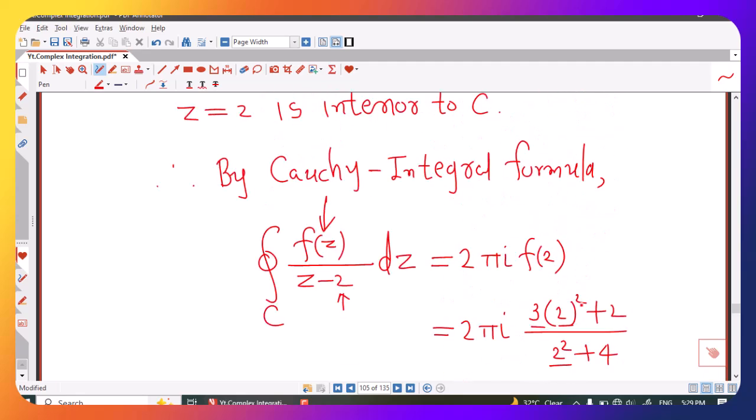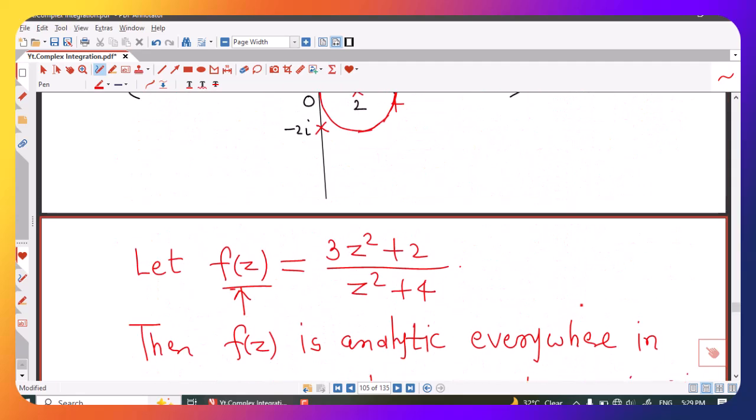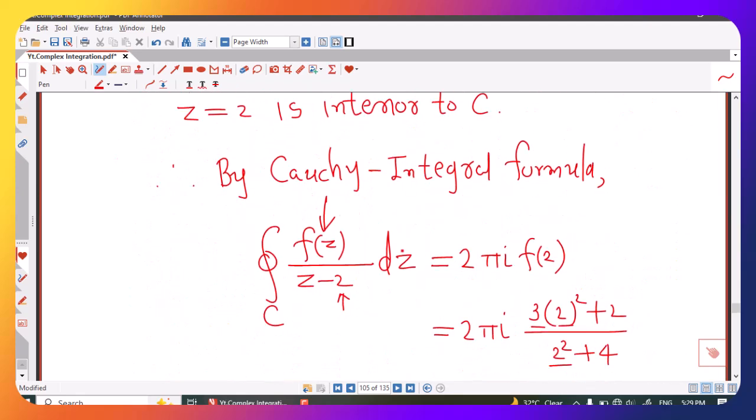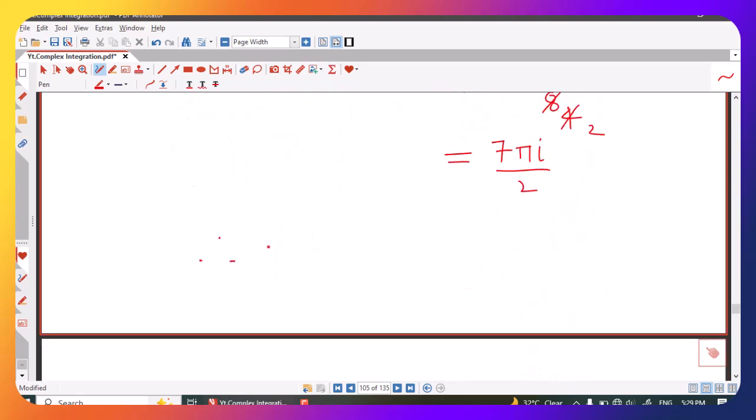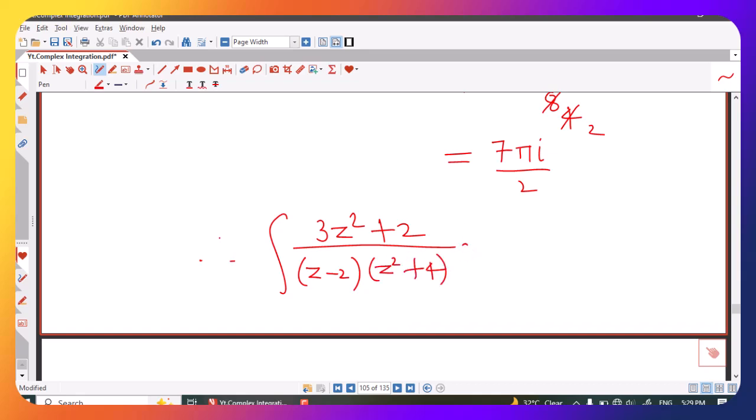And now we can put f of z here. F of z is 3z square plus 2 divided by z square plus 4, that we substitute here. So therefore integral of (3z square plus 2) over (z minus 2)(z square plus 4) with respect to z along given simple closed contour is 7 pi i divided by 2.